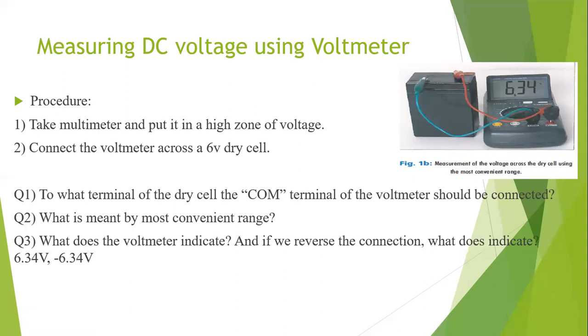What does the voltmeter indicate? It indicates 6.34 volt. And if we reverse the connection, what does it indicate? It will indicate minus 6.34 volt, since the connections are reversed.